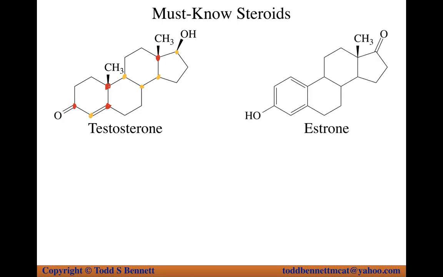So testosterone, male sex hormone, responsible for physiological changes in the male anatomy. Estrone is one of a few different molecules that make up what's known as estrogen. So estrogen is the female hormone responsible for changes in the female anatomy, but there are different things that happen.